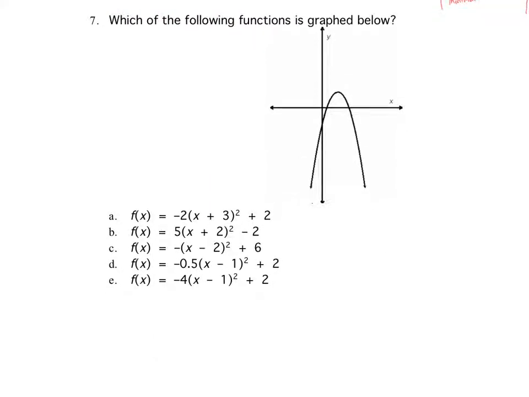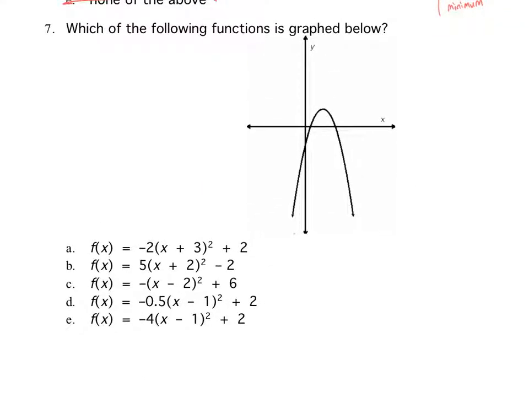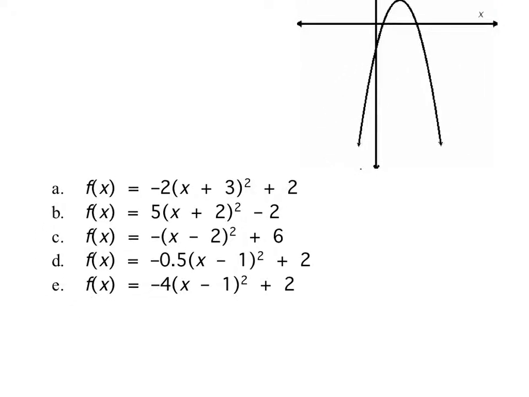All right, here we have a parabola, and they want to know which equation of these choices matches this parabola. All of these equations are in vertex form, so if we can figure out the vertex, we should be able to match the x value up with one of these numbers and the y value with one of these numbers here. Then we can narrow it down more after that.